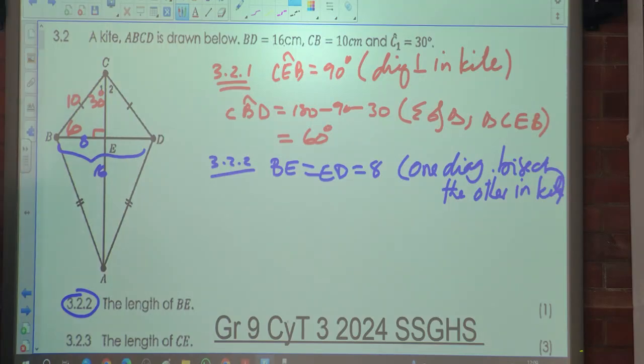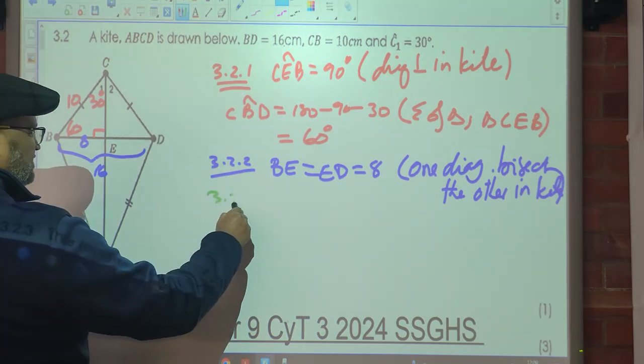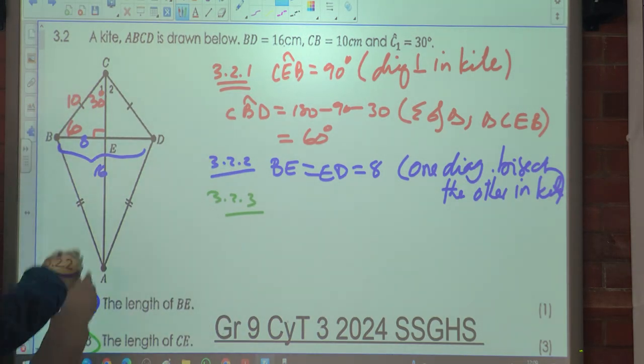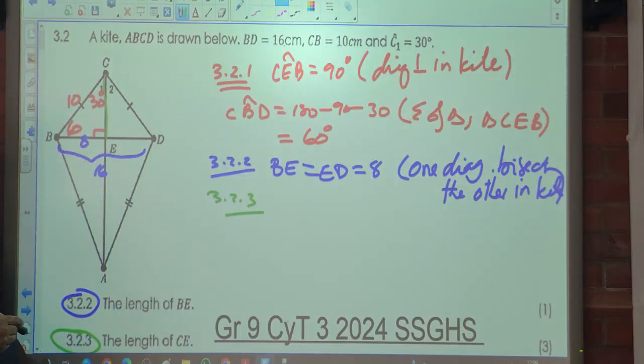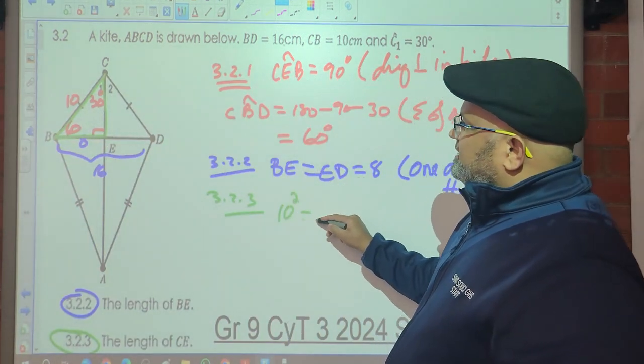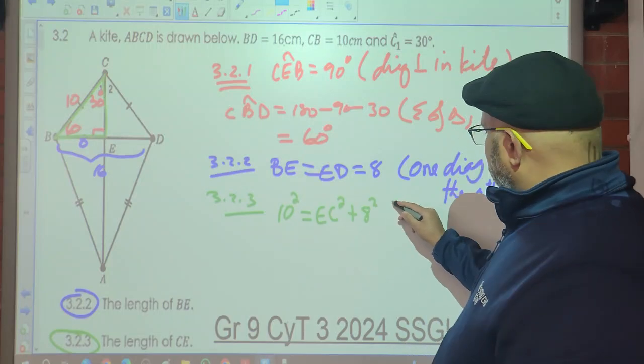Okay. Then it says in 3.2.3, calculate the length of CE, which is this thing. So in other words, are you going to calculate CE? By using Pythagoras. So we know that 10 squared is equal to CE squared plus 8 squared.